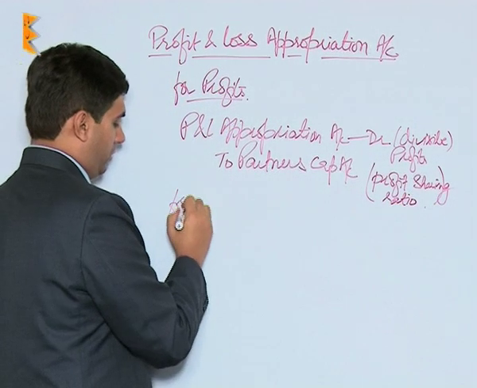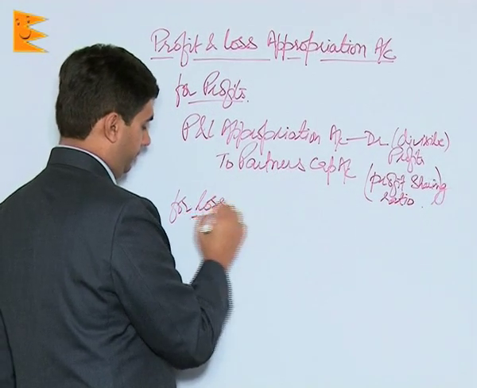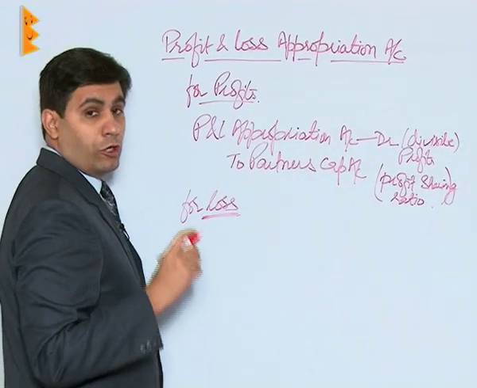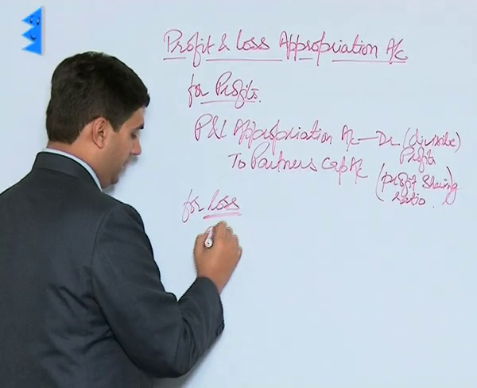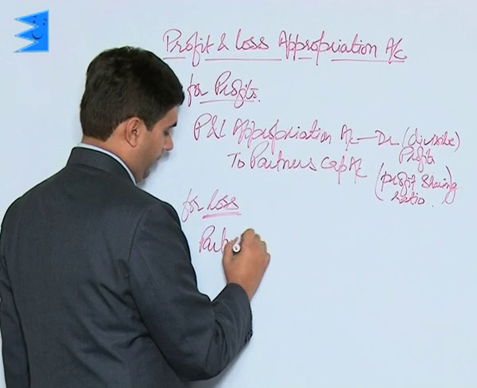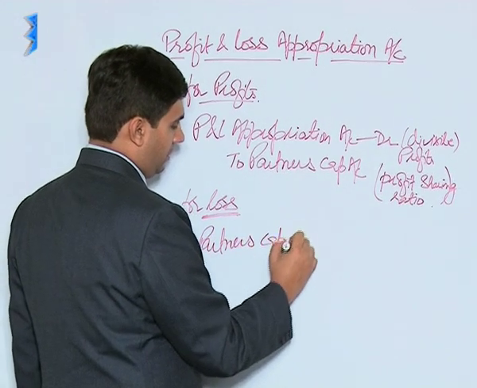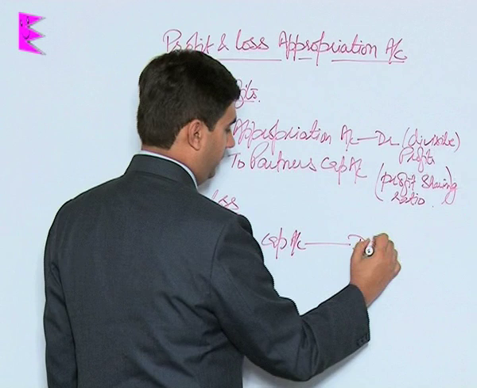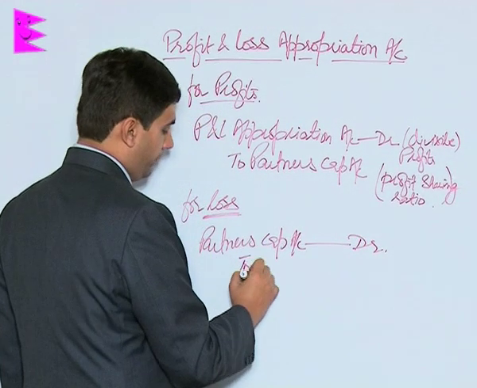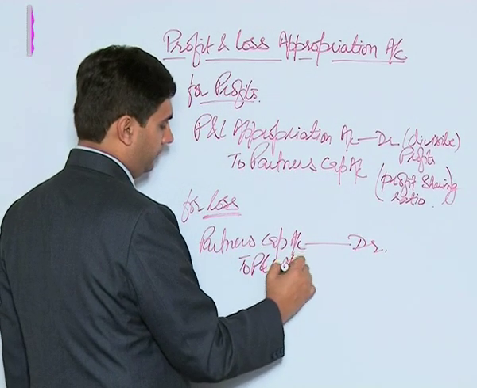Then for loss or division of loss, the entry would be partners capital account debited to P&L appropriation account.